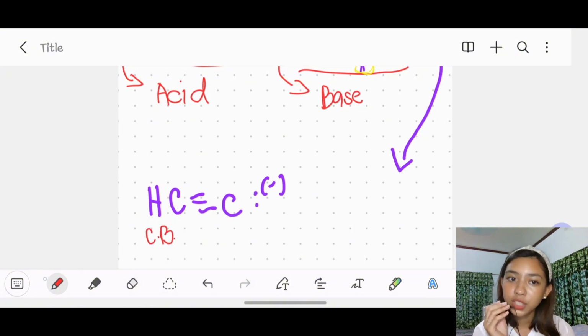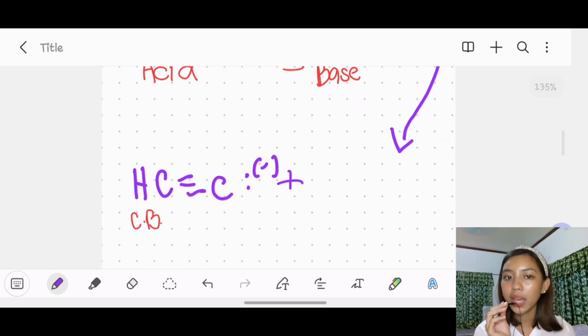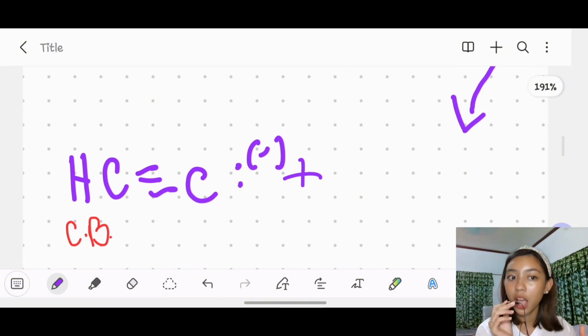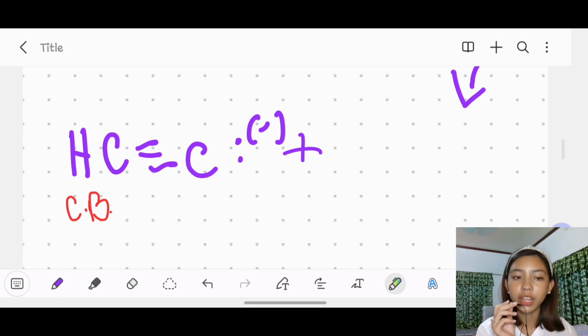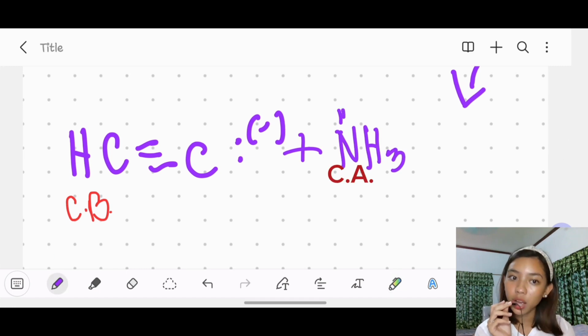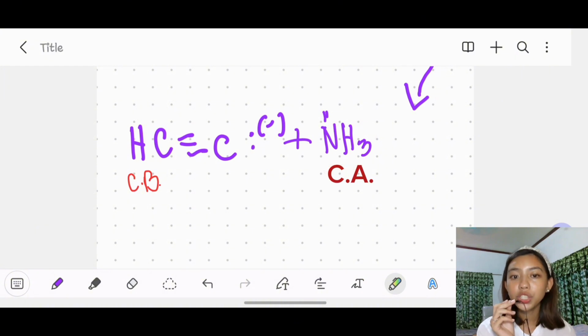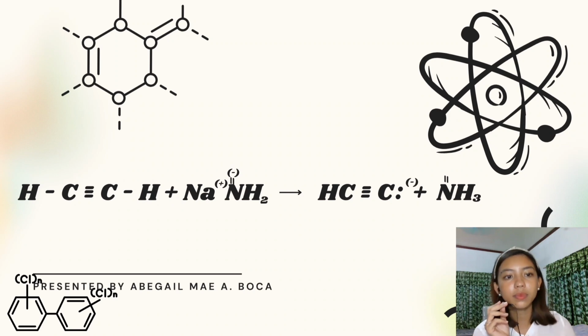The products of this reaction are the conjugate base and conjugate acid. The conjugate base is the acetylide anion, which is highly reactive and useful in further organic reactions. The conjugate acid is ammonia, NH3, which is stable due to the neutralization of the negative charge on nitrogen.